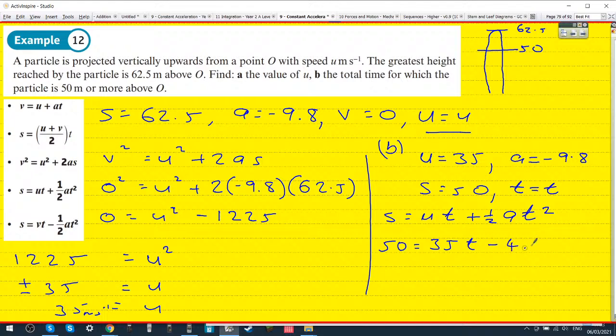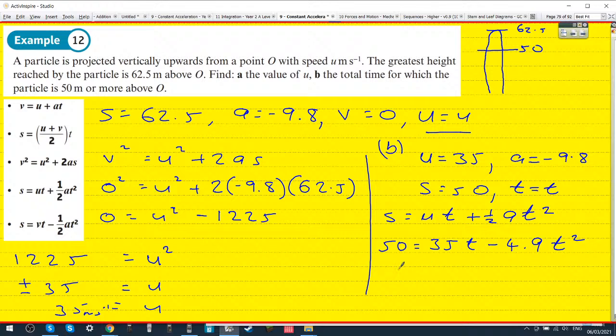Yeah, I just kind of remember it's minus 4.9. It comes up a lot. And then you can do a half times minus 9.8, which is minus 4.9. So it'd be 50 equals 35T minus 4.9T squared.